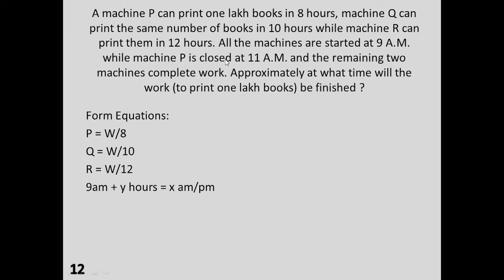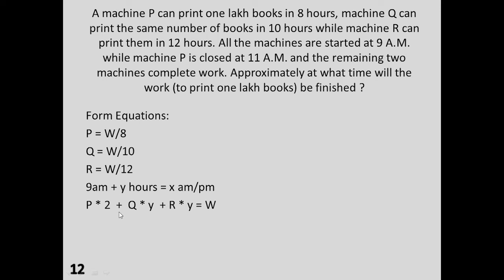So the basic formula is productivity is equal to work divided by time. Here the work is split. Since P is contributing only for 2 hours and Q and R are contributing for Y hours starting from 9 am, we can write productivity into time is equal to work. So for P, productivity is P, time is 2 hours, 9 am till 11 am.